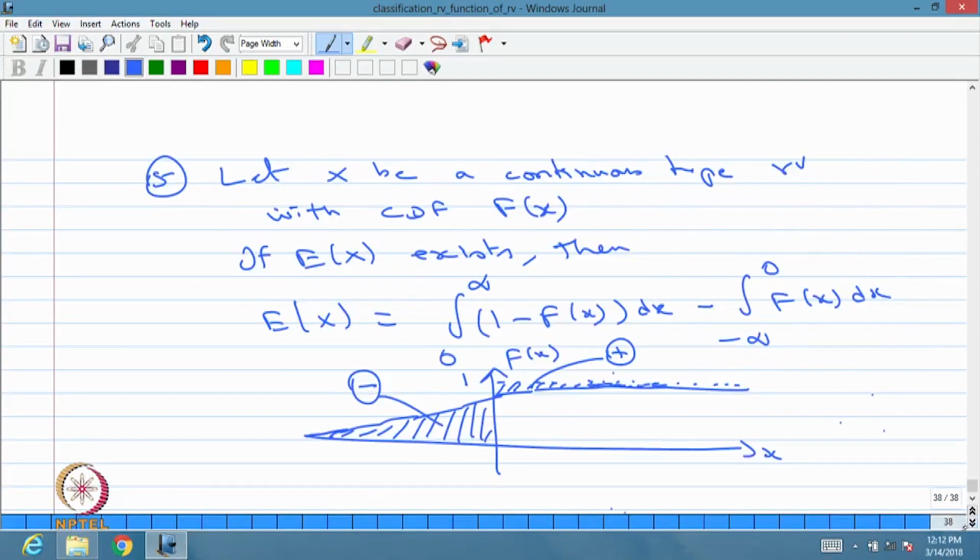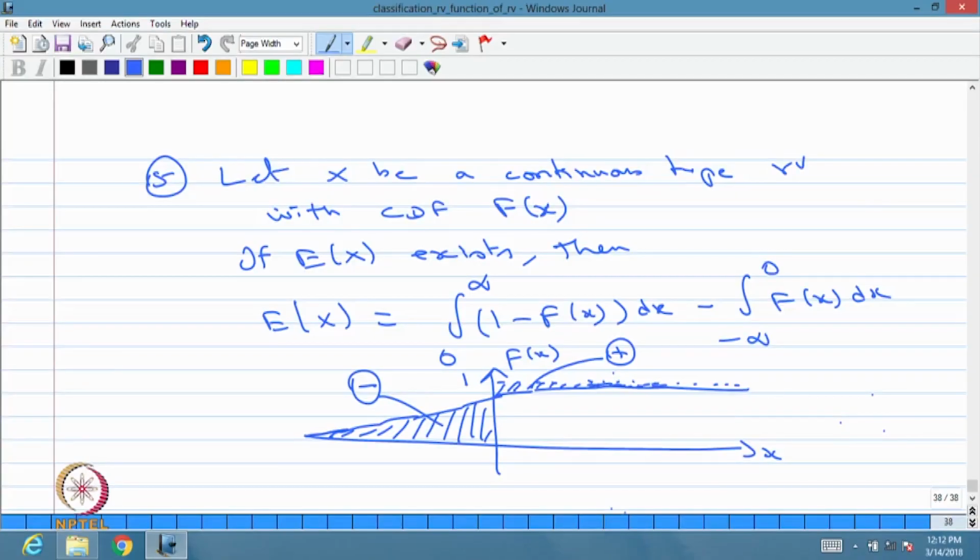You can visualize that the integral from minus infinity to 0 of F of x dx is going to be 0 because the probability of X greater than or equal to 0 is 1. Therefore, you will get a positive quantity from the first integration and the second integration value is 0. So, this can be visualized.